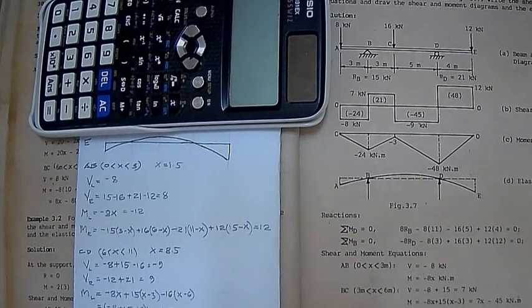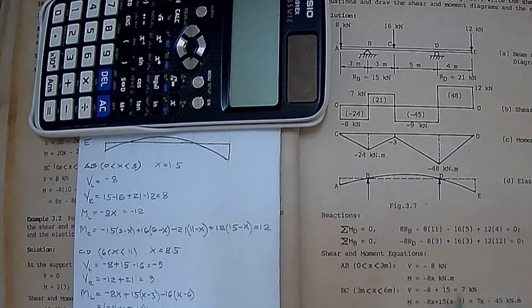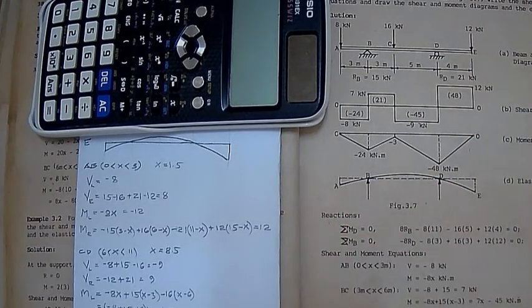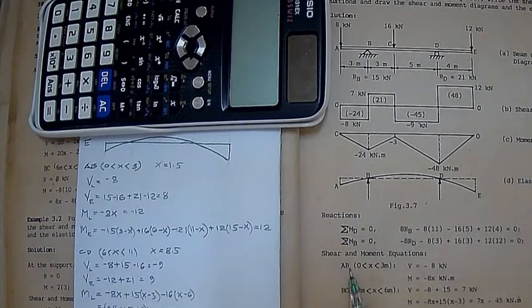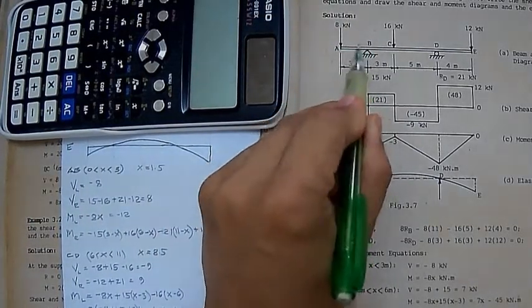Now, let's work on the shear and moment equations. So, we have here section AB, and then we have section BC, section CD, and section DE. So, at section AB, meaning you can compute the shear and moment kahit saan ka mag-cut from A to B. Okay?